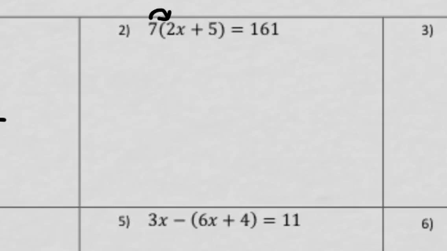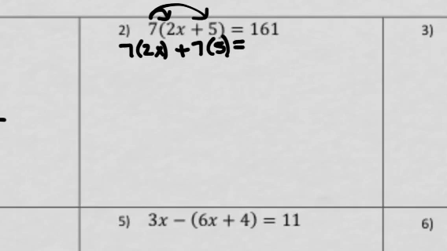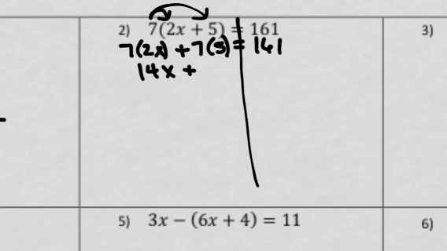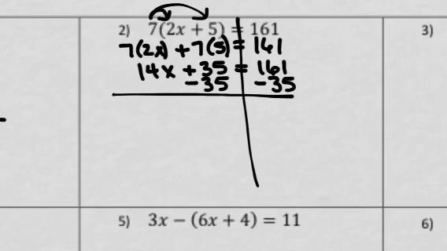Here I'm going to distribute 7 times 2x plus 7 times 5 equals 161. So I'm going to draw my line for my balance. I get 14x plus 35 is equal to 161. Subtract 35 from both sides to get rid of addition and subtraction. 14x drops down, and 161 minus 35 is 126.